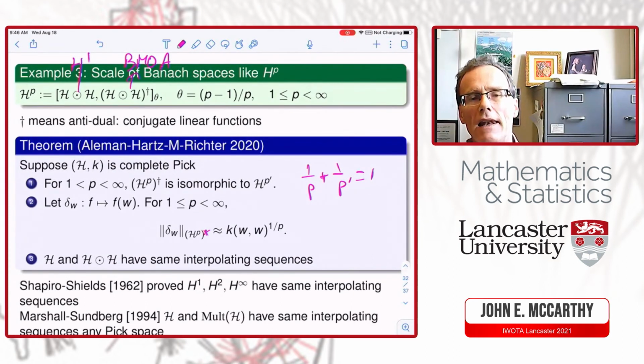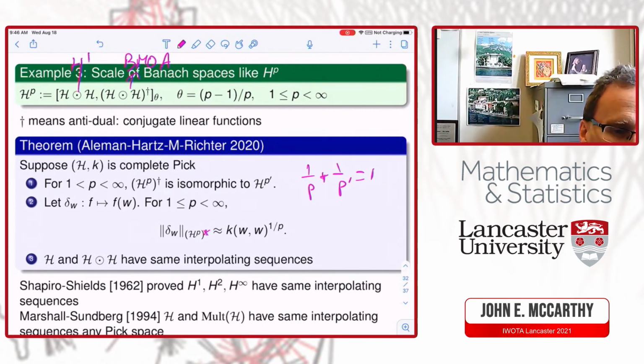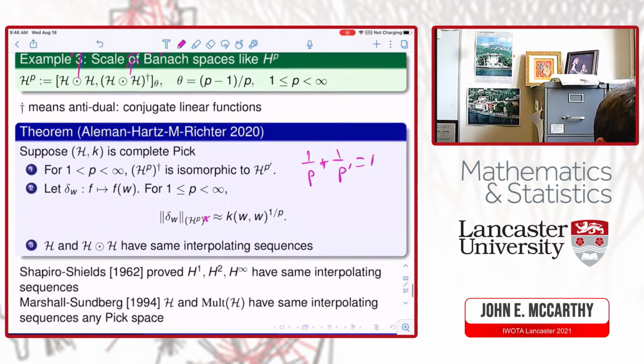The norm of that linear functional is comparable to the kernel at WW to the power 1 over P. Again, this is true in the Hardy space. And we were also able to show that the space H and its weak product have the same interpolating sequences.